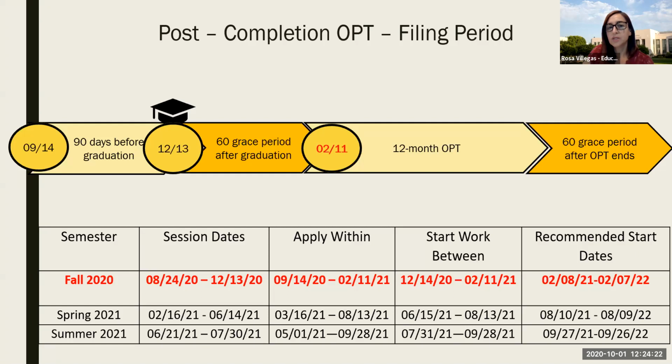So if you're seriously considering applying for OPT, right now is the perfect time. Once you submit your application, you have your 12 months of OPT, or you'll have whatever time is granted to you depending on when you apply. So when you apply, it's very important. And then at the end of your OPT, you'll have 60 days to decide what you're gonna do, if you wanna maintain your status and stay in the US, or if you are returning to your country.